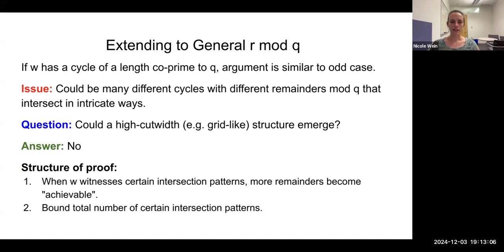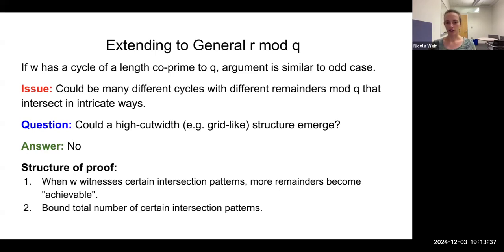And for that reason, you can bound the total number of certain intersection patterns that could happen, because as soon as your walk can achieve all possible remainders, you can use a similar argument to the coprime case, where you can say, well, the rest of the walk has to be, without loss of generality, pretty simple, because I can already achieve all possible remainders with the part of the walk that I've developed so far.